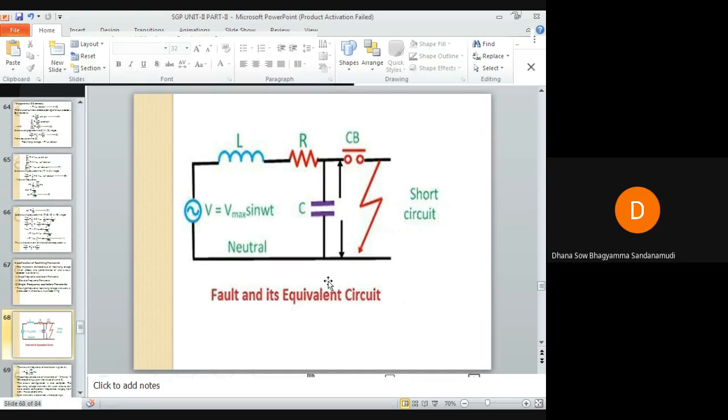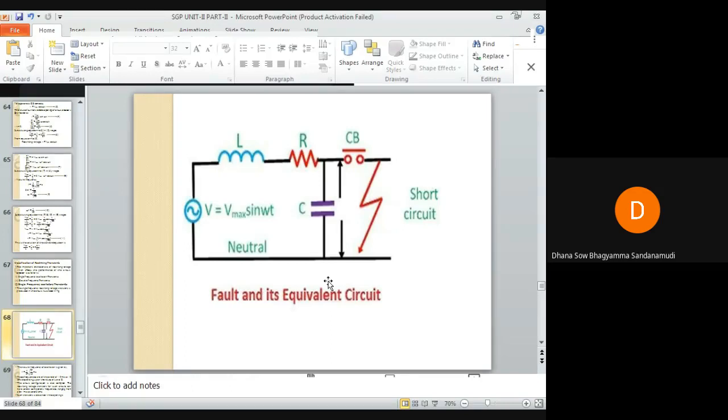The power system circuit is complex because capacitors and inductors are distributive in nature. The restriking voltage transient for these complex circuits can have several component frequencies ranging from a few hertz to several kilohertz.